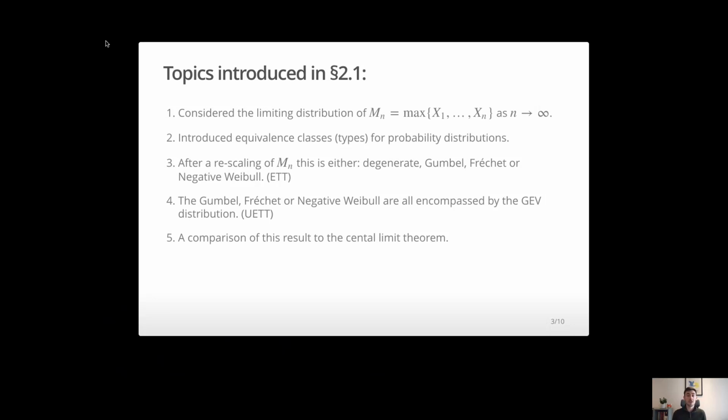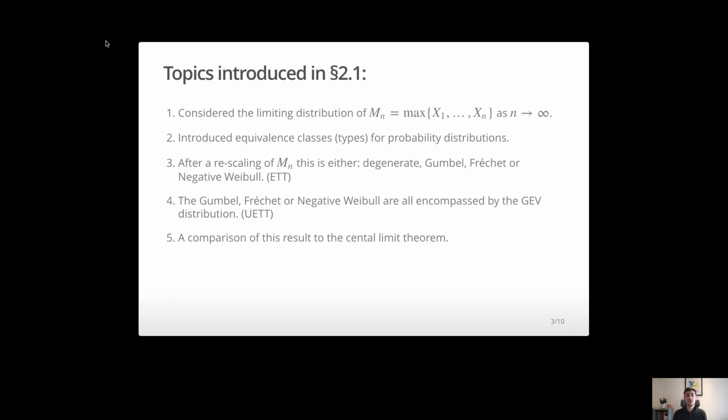The other, more interesting case is where we can find these sequences of normalizing constants, in which case we have three possibilities. The limiting distribution is going to be of the same type as either a Gumbel, a Frechet, or a negative Weibull random variable, and this result is known as the extremal types theorem.